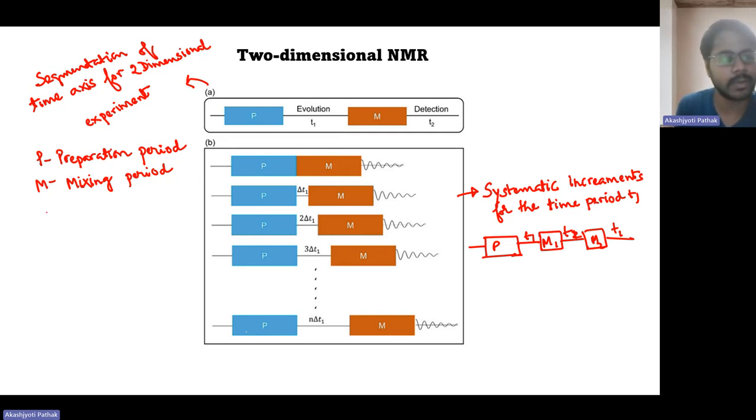So T1 is the evolution period and T2 is the detection period.